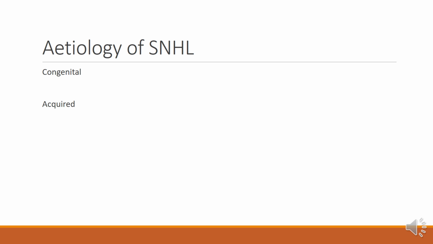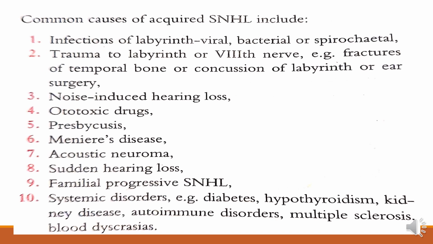Etiology of sensorineural hearing loss may be congenital or acquired. Whatever the cause may be, if it's an acute onset, it may be treated. We can remove the offending agent, that is the drugs. If there is noise-induced hearing loss, the patient will need to rehabilitate his occupation and we will give steroids to the patient.